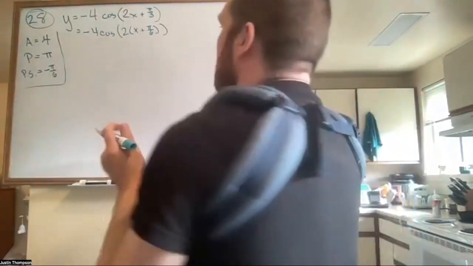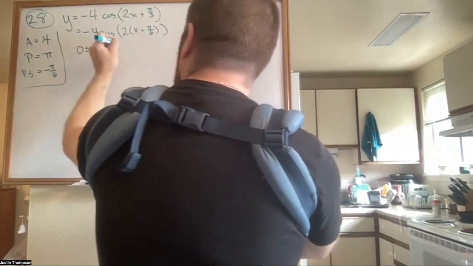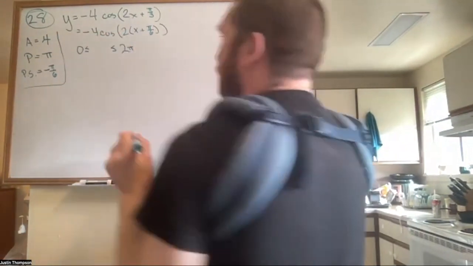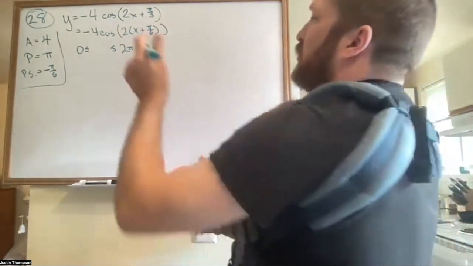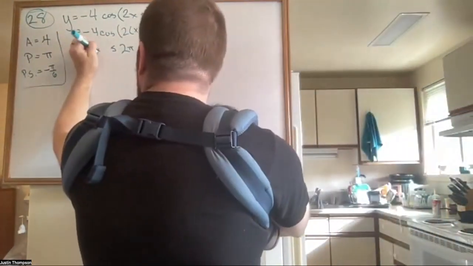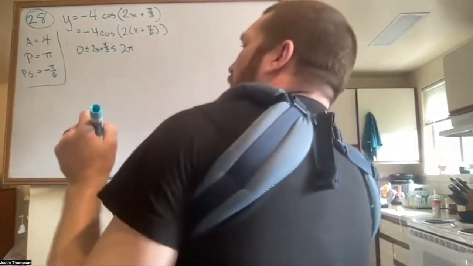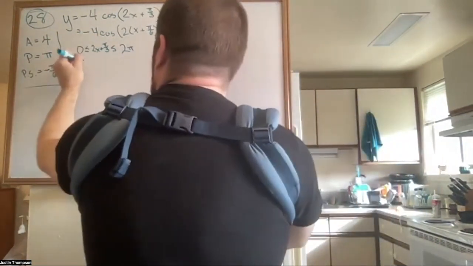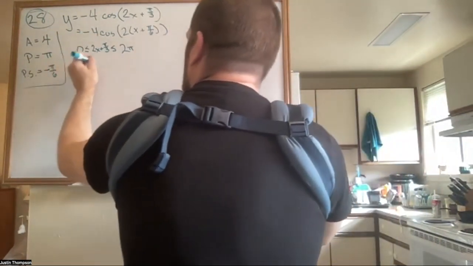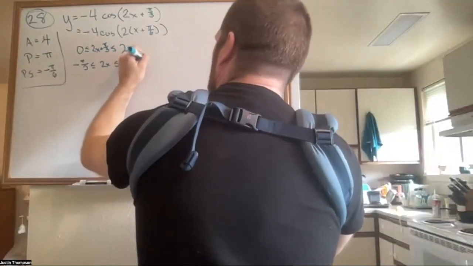One way is where we say cosine has one full period between 0 and 2 pi. But now the input value is 2x plus pi over 3. So now I'm going to get x by itself: minus pi over 3 less than 2x less than 2 pi minus pi over 3.